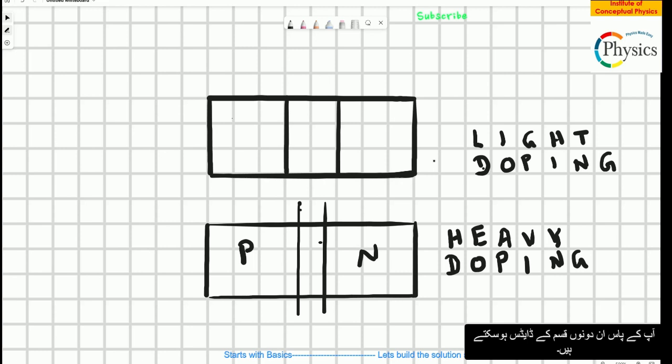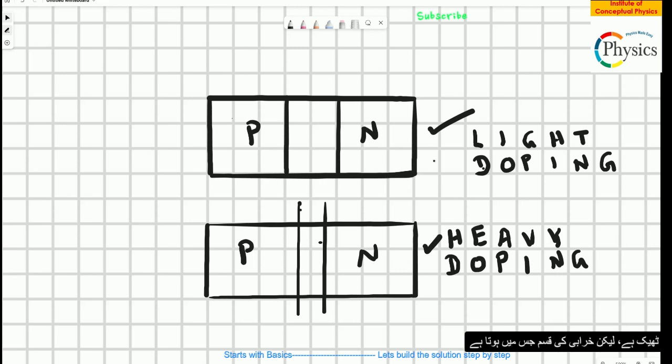You can have both these types of diodes with low doping and high doping reverse biased. You will still get a breakdown here, and you will also get a breakdown in the case of heavy doping. So breakdown is going to happen in both the situations. This is confirmed. Don't worry about it, right?